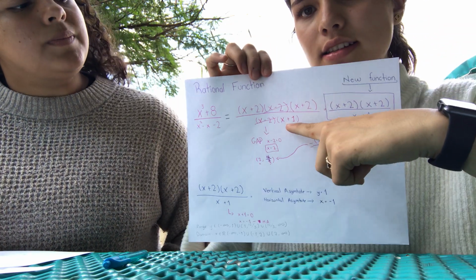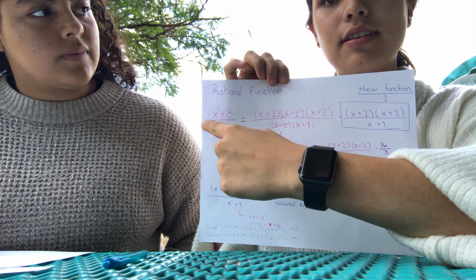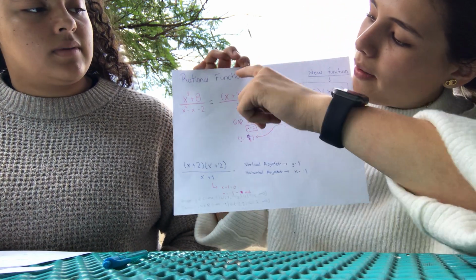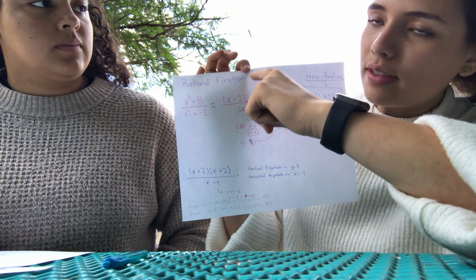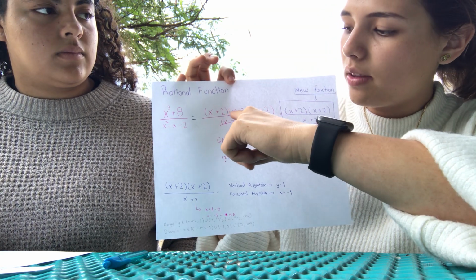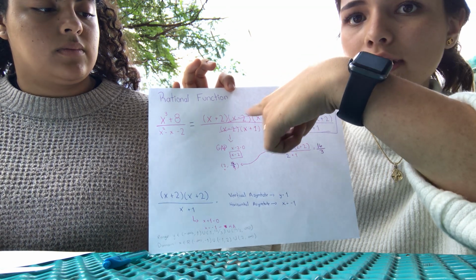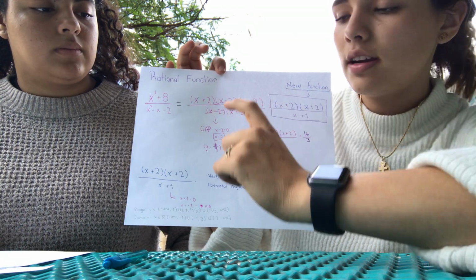Here we factorized the first coordinates, and it was easier for us to factorize it like that and put the minus in the middle, so we could cancel and find the gap more easily.